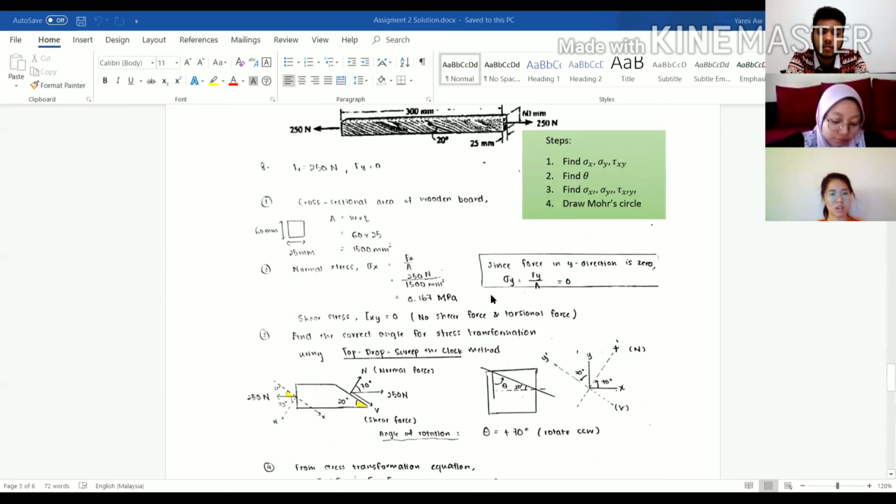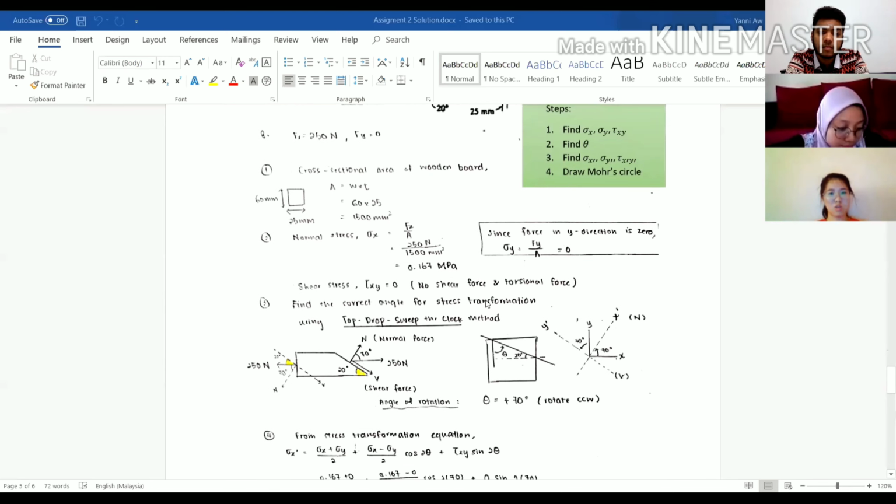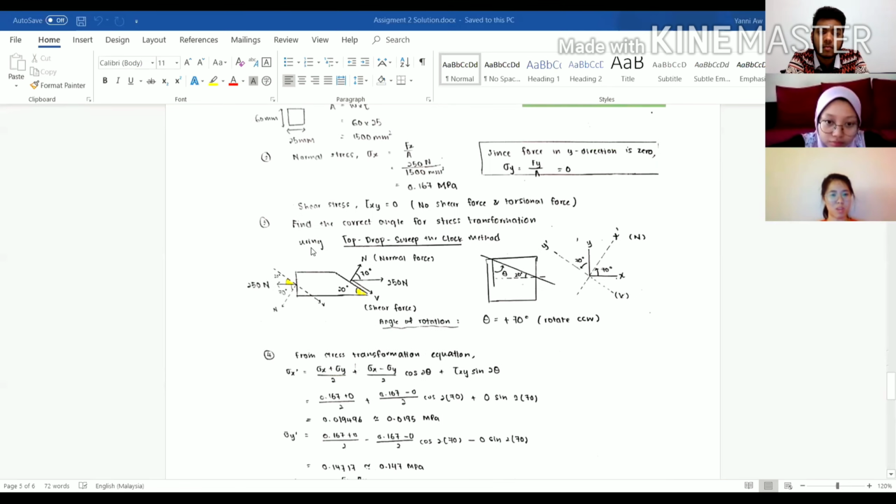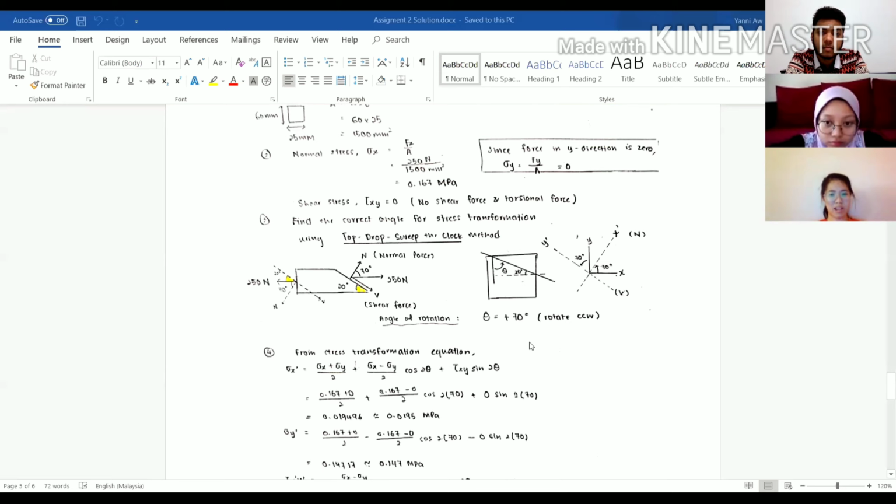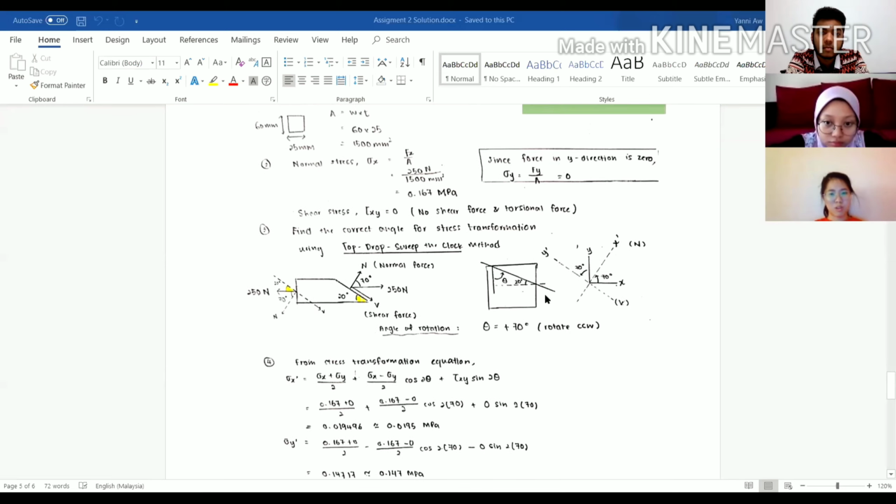Then we use the top strap the clock method to find the correct angle of the stress element. So from here, I draw the free body diagram of the rotated element and its axes.